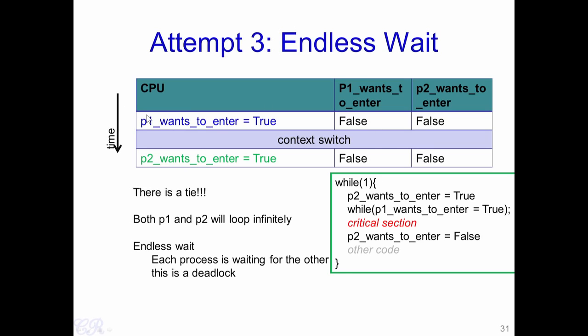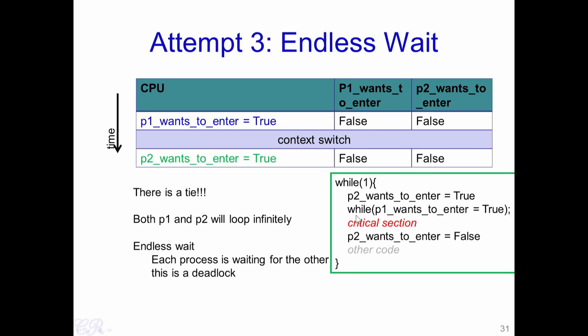So, let us start with process 1 executing, and the CPU executes this particular statement and sets the value of P1_wants_to_enter to true. Then there is a context switch which results in process 2 executing, which sets the flag P2_wants_to_enter to true. Now, you see that both processes have set their respective flags to true.